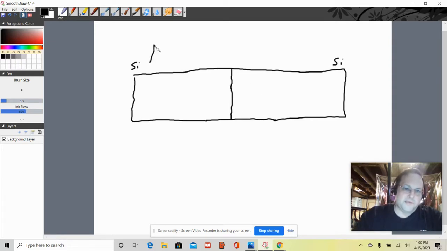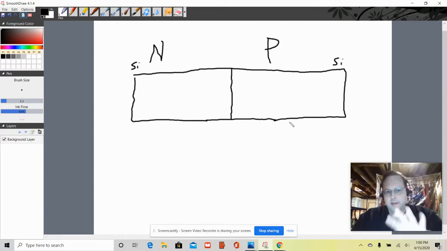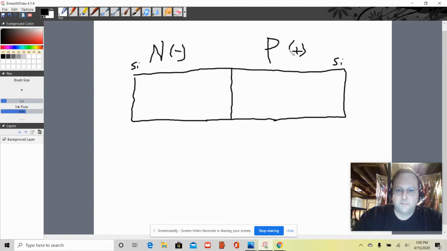We're going to call this side the N side, which is what they use. There's an N side and a P side on diodes. The N side, I tend to call that negative and this positive. That's what the N and the P come from.